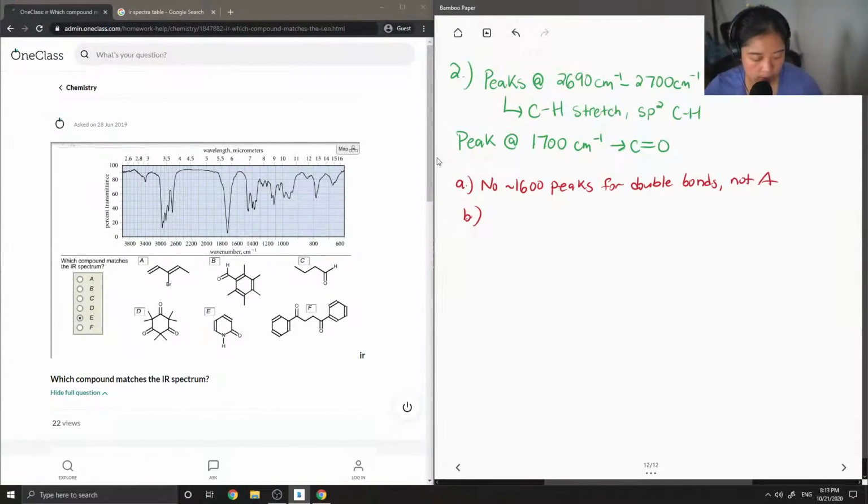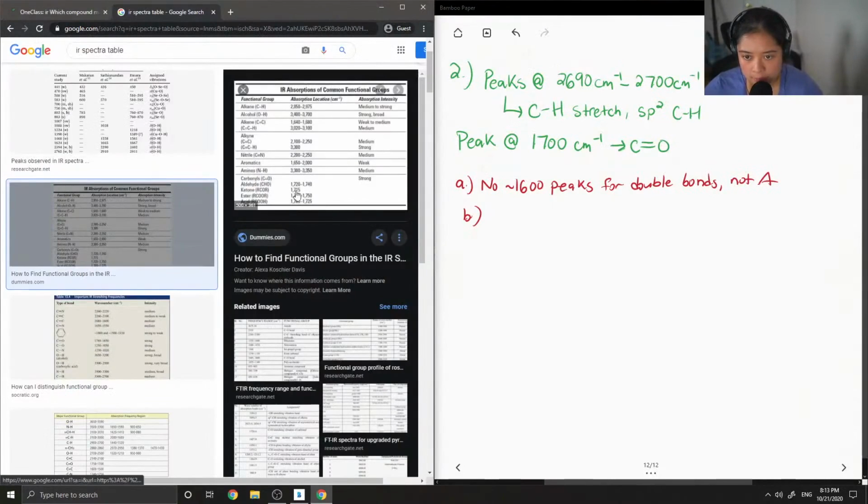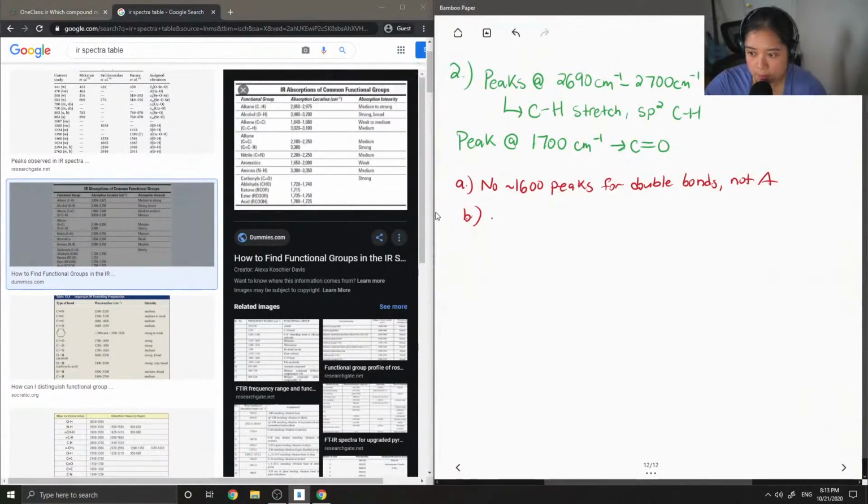So let's look at B. So for aromatic groups, there are peaks at around 1,650 to 2,000.